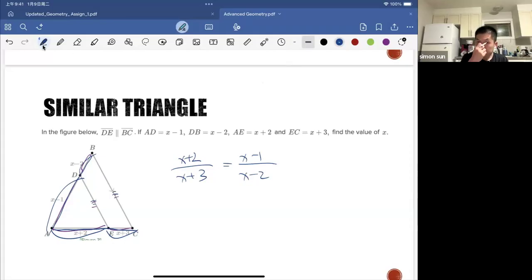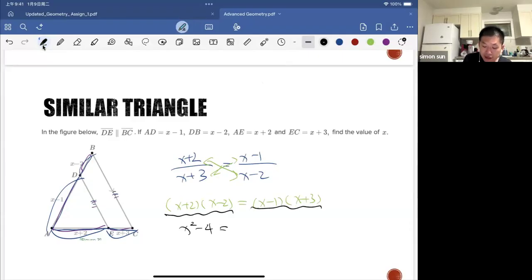Now the question is how do we solve this? We can do the cross product. The left will be x plus 2 times x minus 2. The right is x minus 1 times x plus 3. The left is actually x squared minus 4.